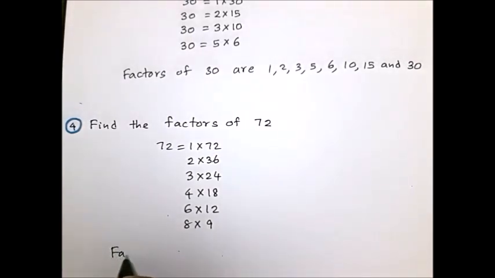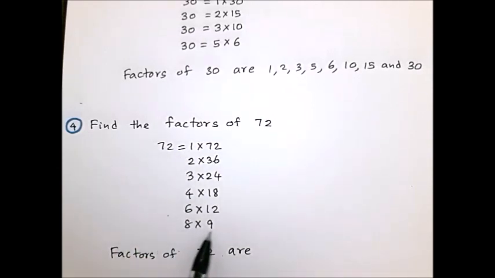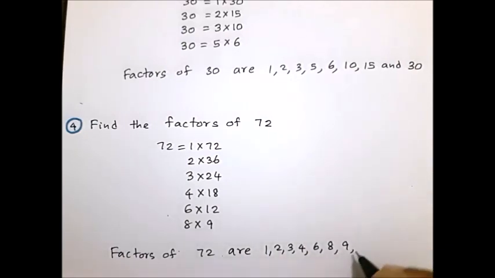Then factors of 72 are, write these numbers in ascending order: 1, 2, 3, 4, 6, 8, 9, 12, 18, 24, 36 and 72.